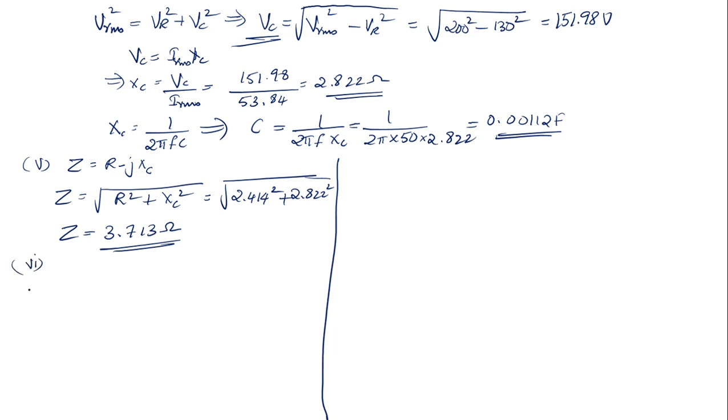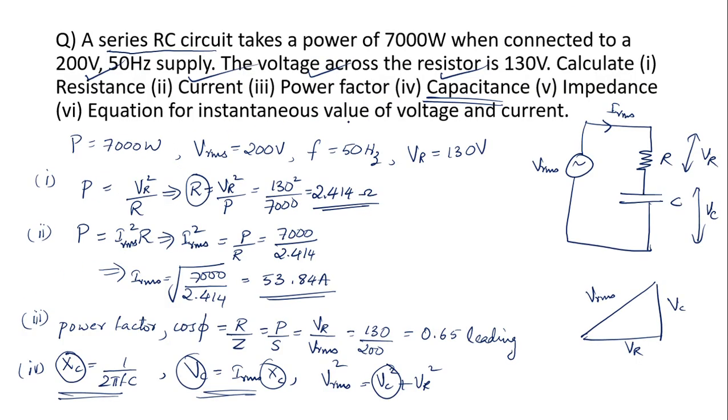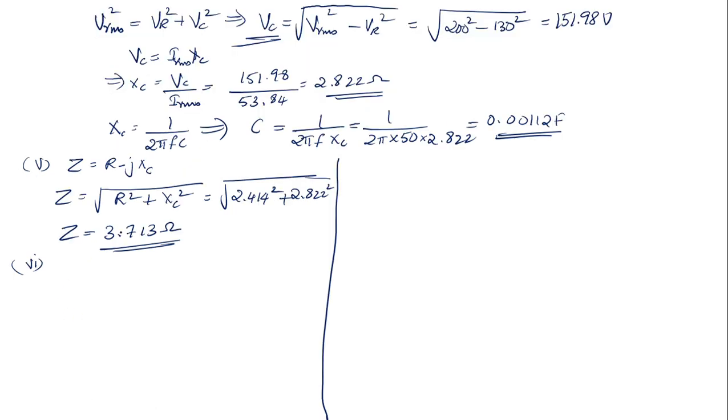And the last part of the section, you have to find the equation for the instantaneous value of voltage and current. The general equation for voltage is V is equal to Vm sine omega t. Usually we take voltage as the reference, that is why the equation is like this.